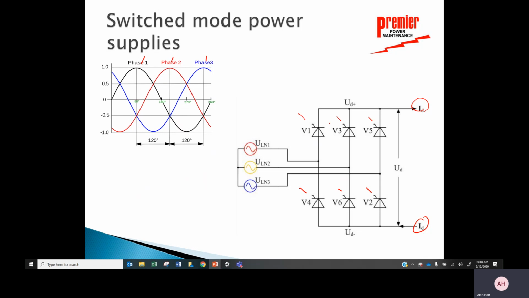So I'm switching on at various times so I get a nice smooth DC waveform out. But all of this switching creates another pulse. And every time I have a pulse, that's adding a little harmonics, something else that's a little different on my electrical system that adds some distortion there.